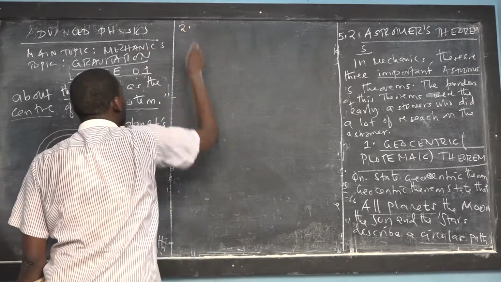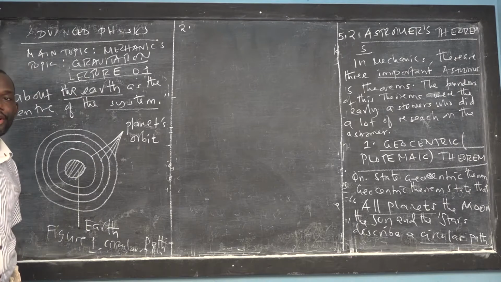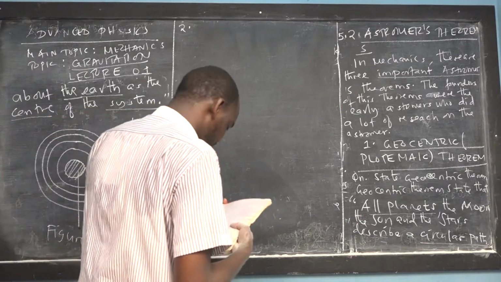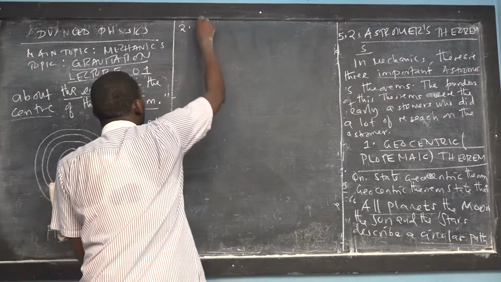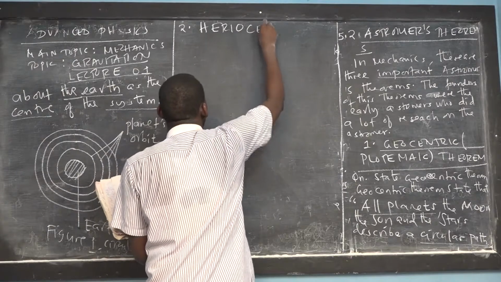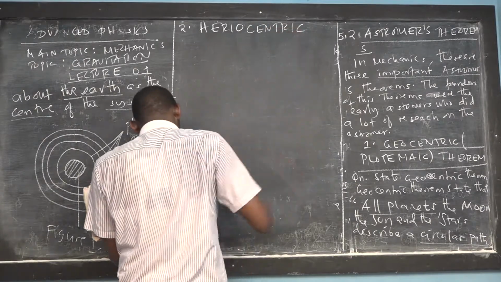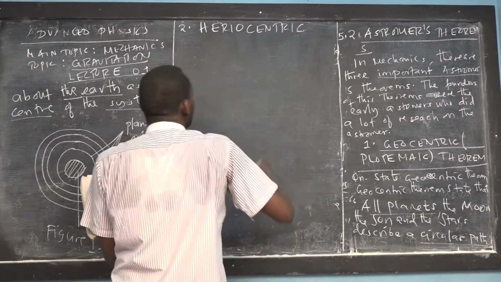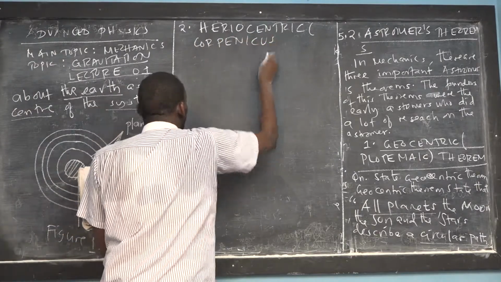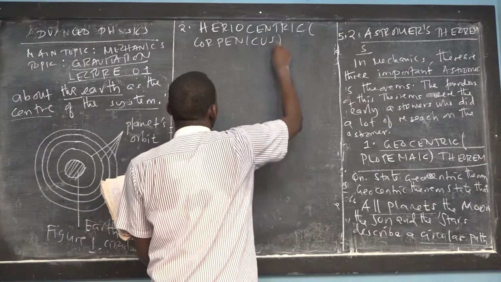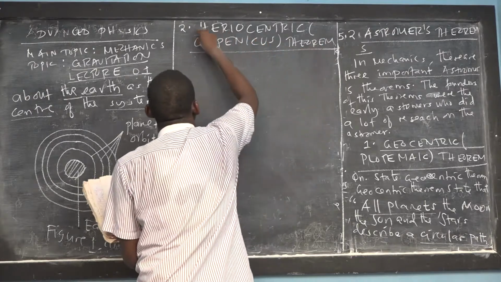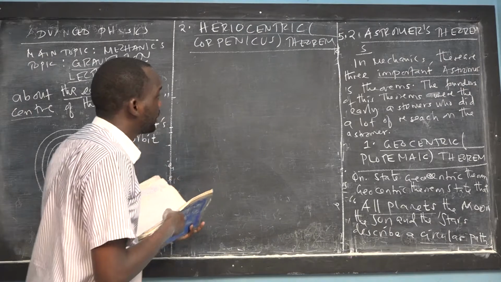Again, we have the second astronomer's theorem, which we call heliocentric, or the Copernicus theorem.